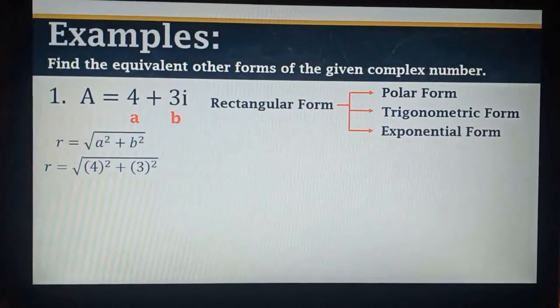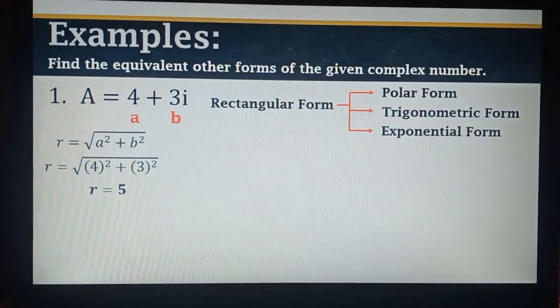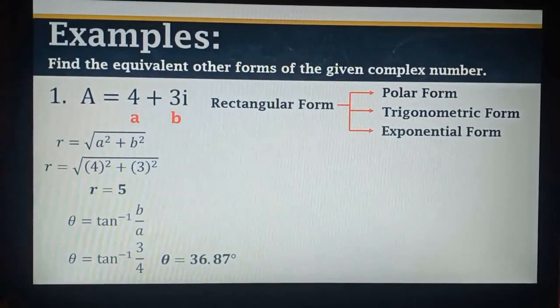So therefore, you have r equals the square root of 4 squared plus 3 squared. Your r is equal to 5. Now the theta is equivalent to arctan of b over a, wherein you have the arctan of 3 over 4. The value of your theta in degrees is 36.87 degrees.